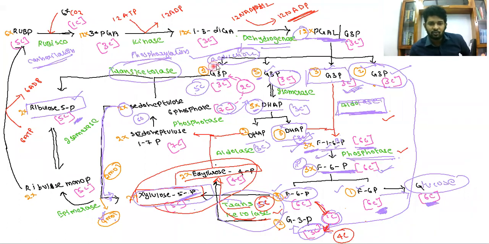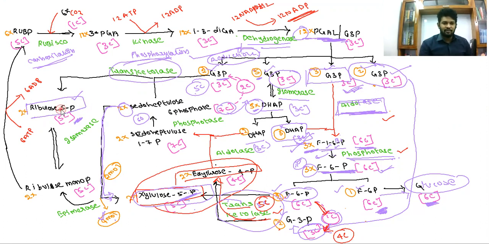But here the two byproducts produced are ribulose 5-phosphate and xylulose 5-phosphate. So here 2 molecules are there, and already 2 molecules were produced earlier. So total 4 molecules of xylulose 5-phosphate and 2 molecules of ribulose 5-phosphate are present here.